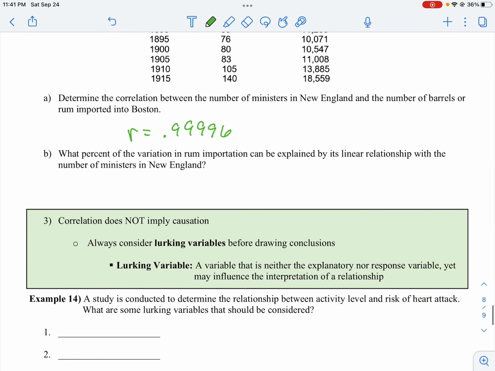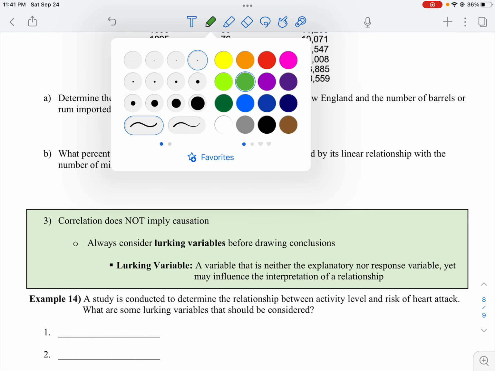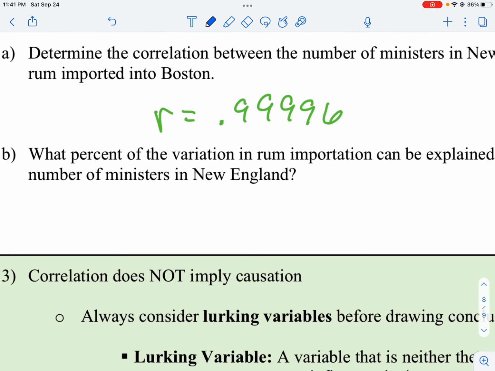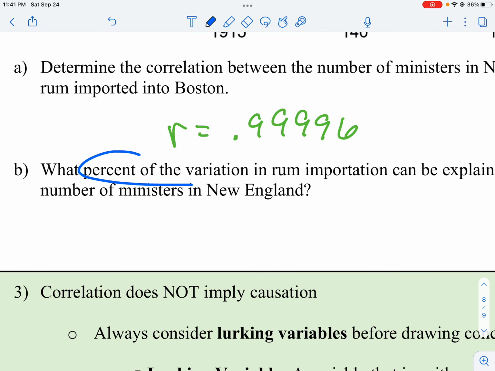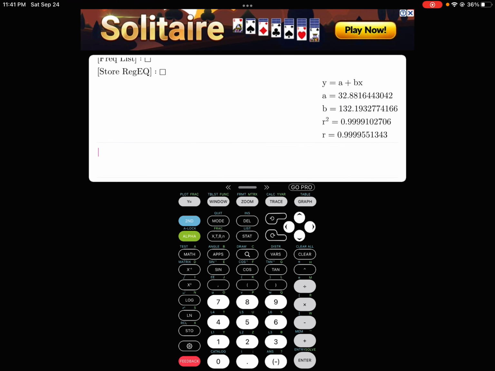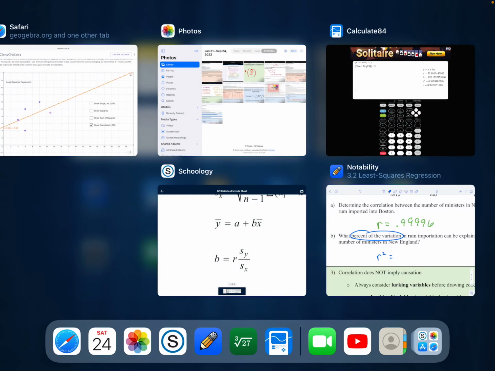So then, what percent of variation in rum importation can be explained by its linear relationship with the number of ministers in New England? What percent of the variation? That's a fancy way of saying what is R squared. So if I go back to the calculator, I can see my R squared value was 0.99991.